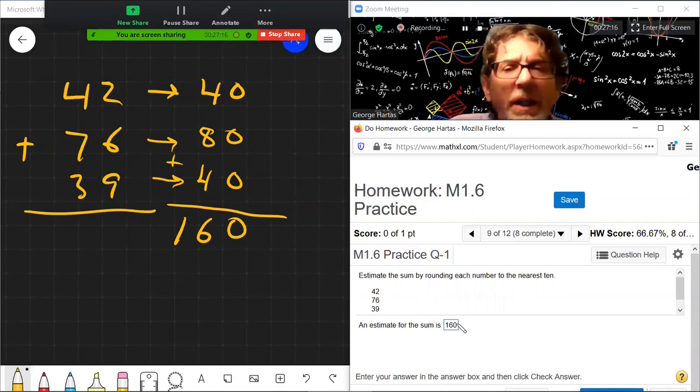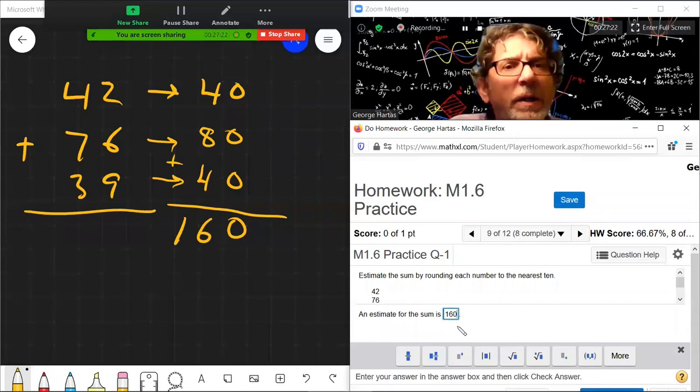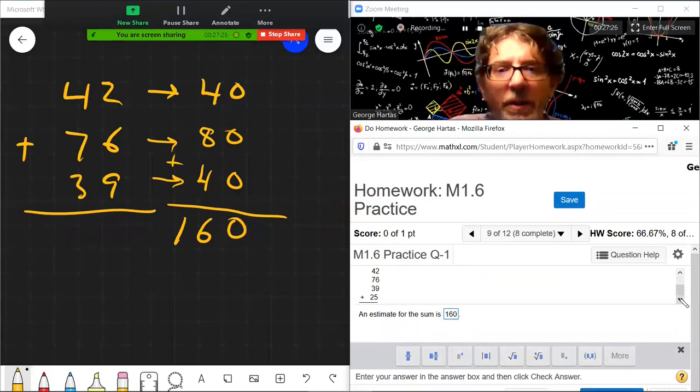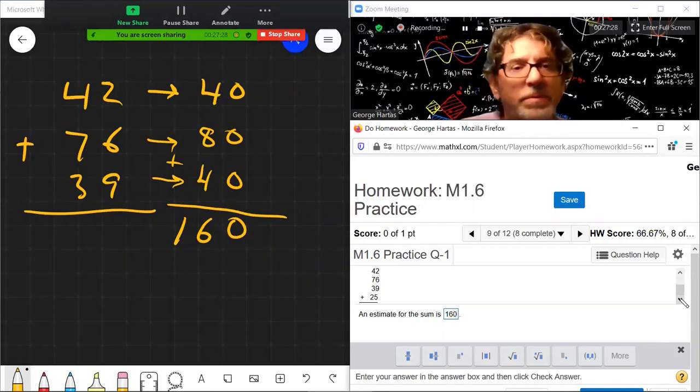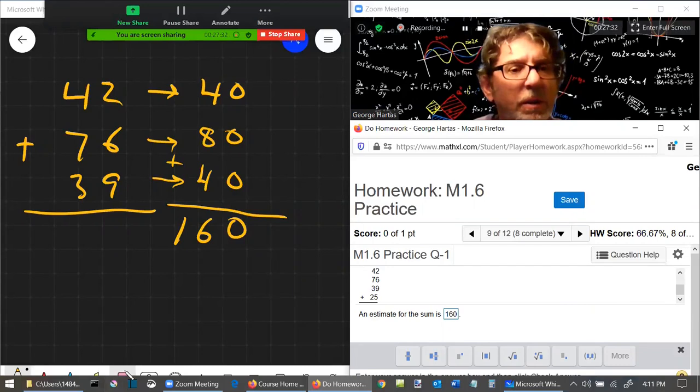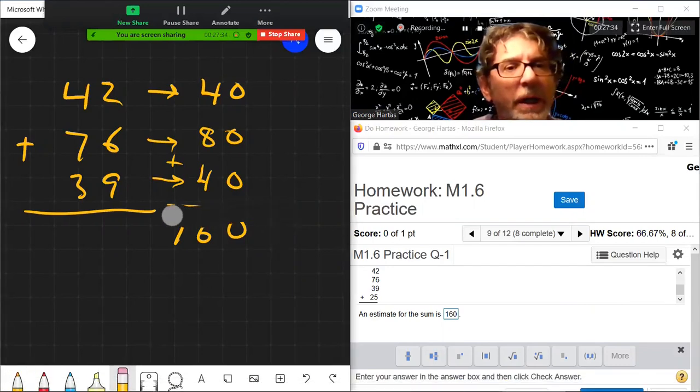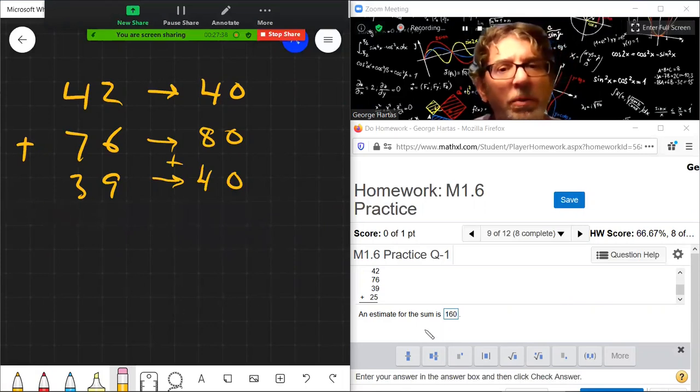So 8 plus 8 is 16. All right, so what am I missing here? Oh, there's another number. That's what I'm missing. Okay. All right, so that's okay. We got it. Made that so small here so you can see most of the screen, but I missed a number. So we got 25.